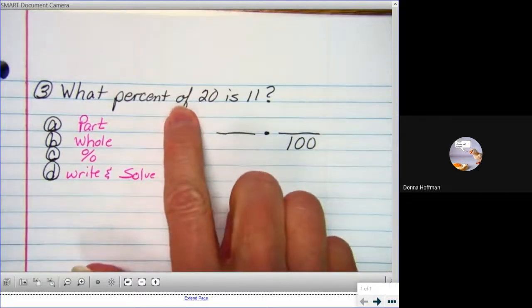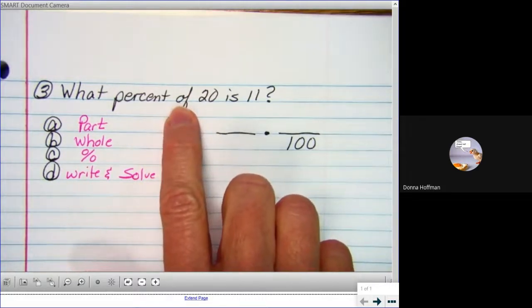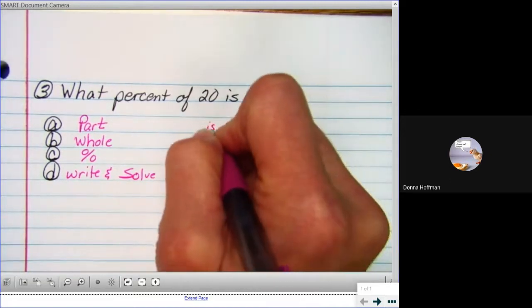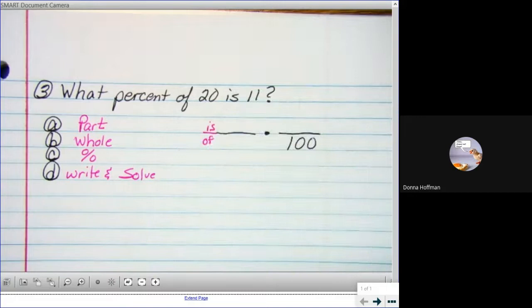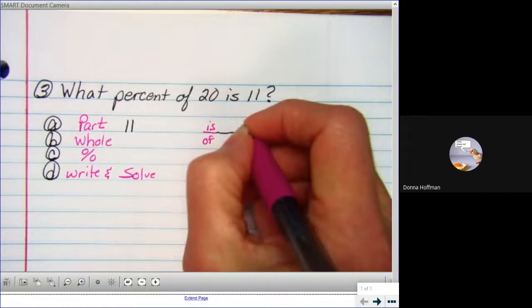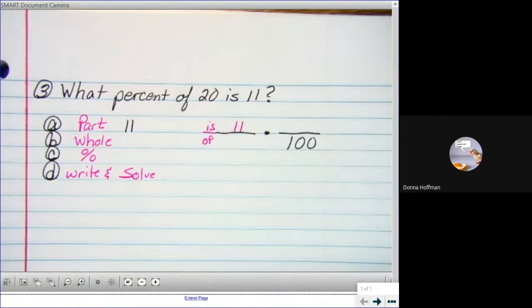Look at the word in front of 20. And we're talking is over of. So what is the part? 11. 11 is the part. Barrett, what's the whole? That's your 20.